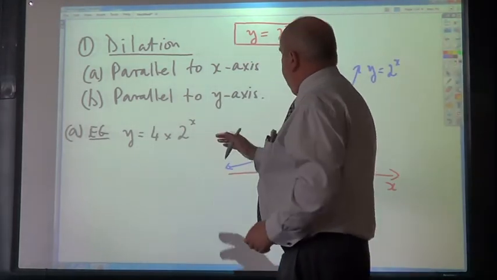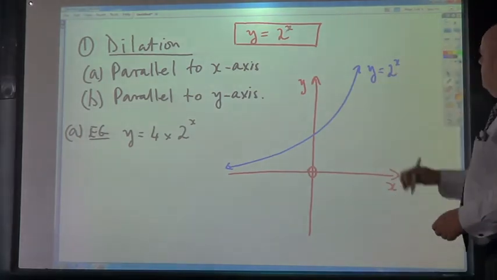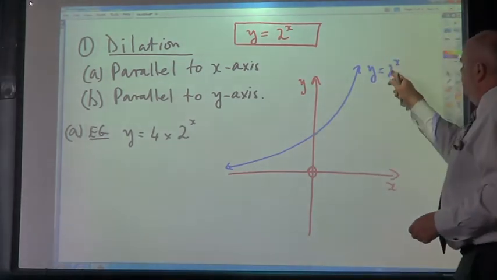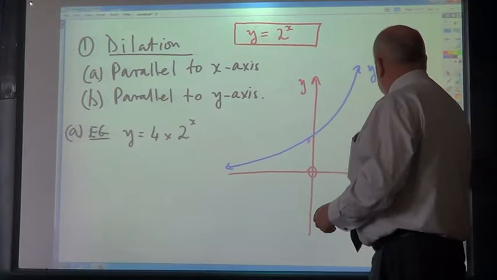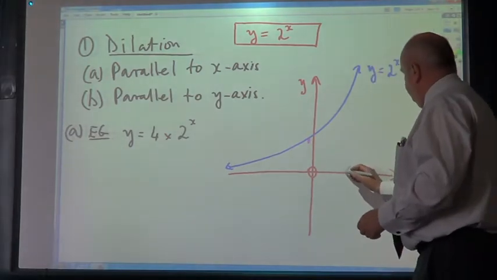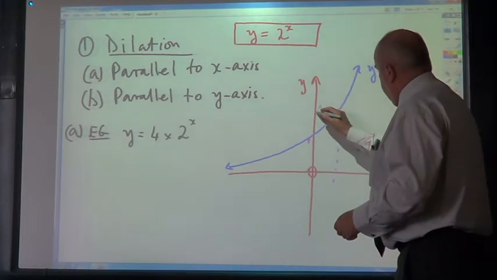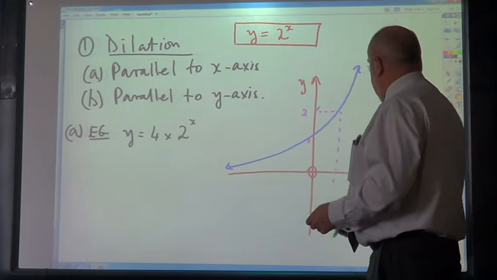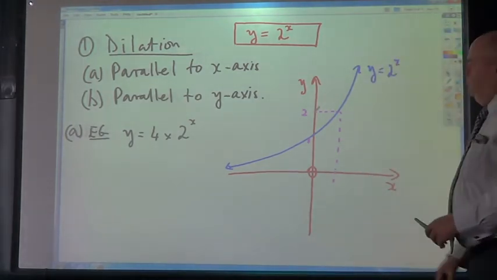Looking at our stock standard graph, y equals 2 to the power of x, when x is 0, y is equal to 1, because anything to the power of 0 is 1. And when x is 1, y is clearly 2. This is not to scale, but that does not matter for our purposes.